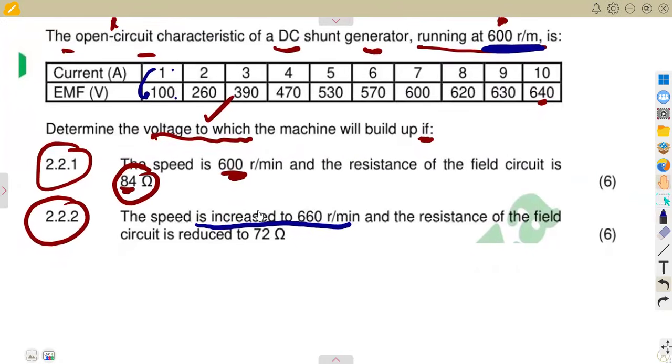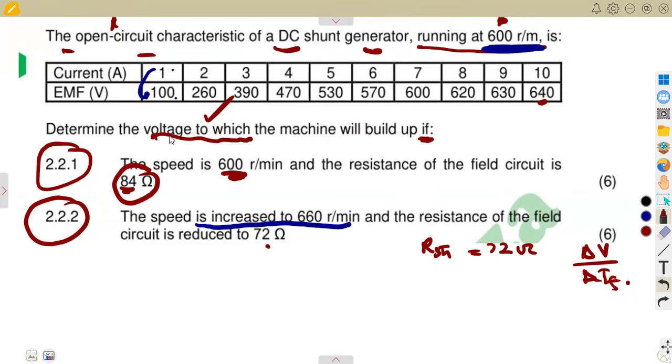Now it has increased to 660. And we are also given the resistance at that moment to be 72. The concept of the resistance, which is our shunt field resistance, 72 ohms, does not change. Change in voltage over the change in field, that part does not change the slope.